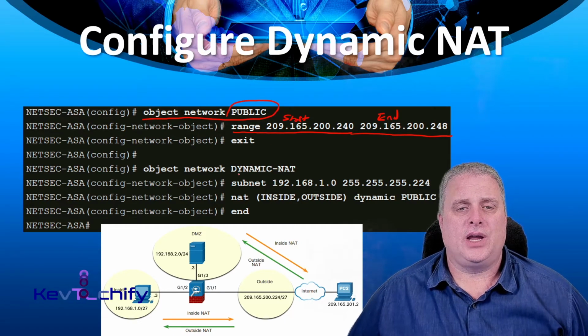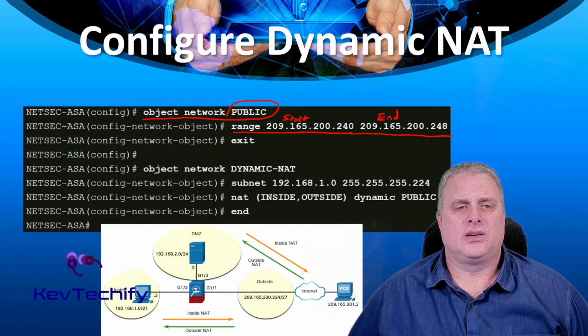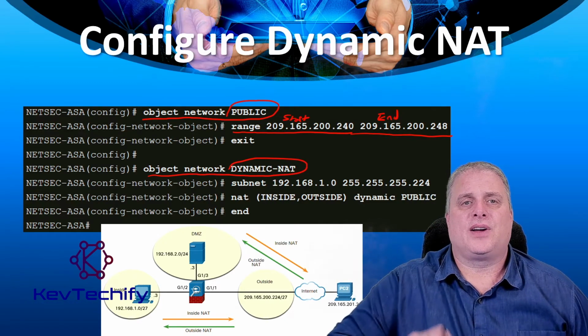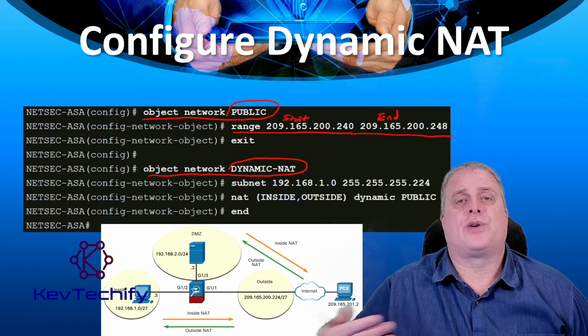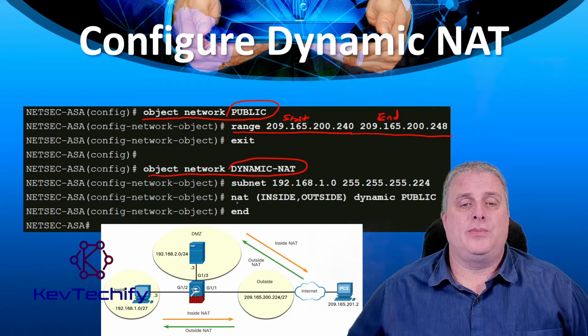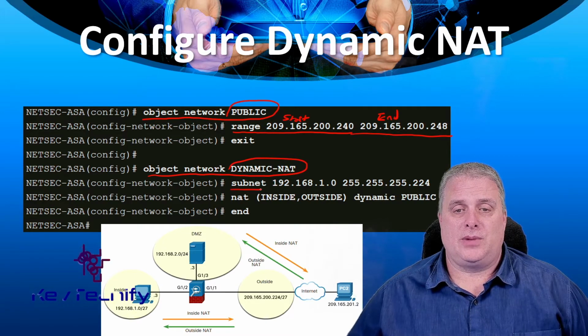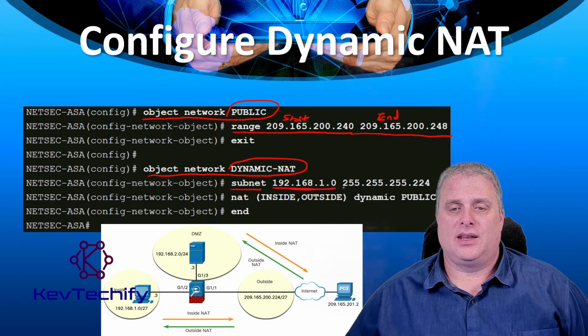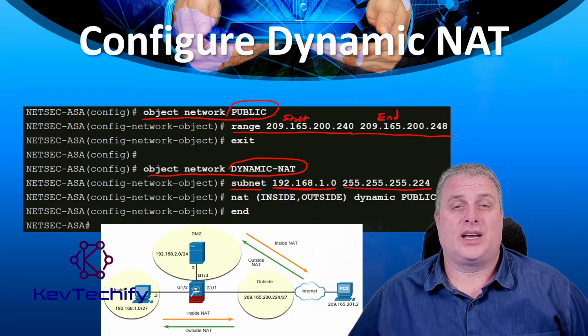The next object we have to set up, we'll call Dynamic NAT, and this identifies the internal addresses to be translated. Because it's a subnet, we can use the subnet command. So we specify subnet, we give it the network address and then the subnet mask that goes with it. That identifies all of our internal addresses.